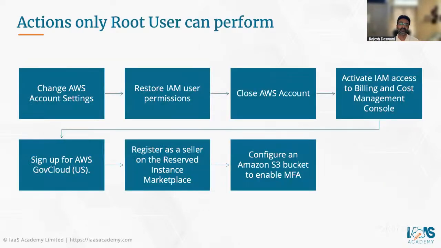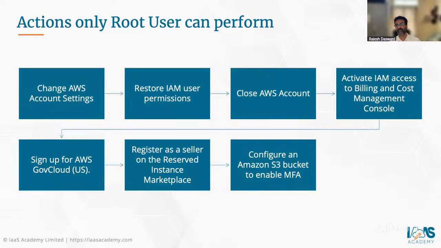There are certain actions that only the root user can perform, like changing AWS account settings or restoring IAM user permissions if an administrator account has locked themselves out. Closing the AWS account once you're done with your project and you no longer need that account is the responsibility and can only be performed by the root user. Activating IAM access to billing and cost management is another task that only the root user can perform.